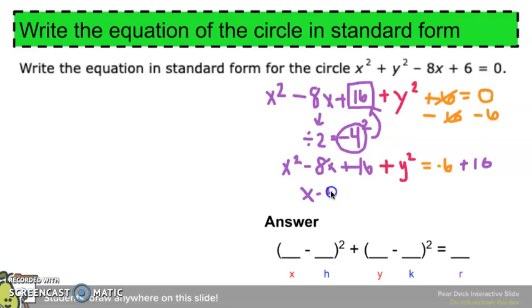squared. And notice how this is going to fill in my equation right here. y squared is going to come right here. I'm not going to need any of this. This is going to go away. And then on the right-hand side of my equation, I do need to combine like terms. Negative 6 plus 16 would give me 10.